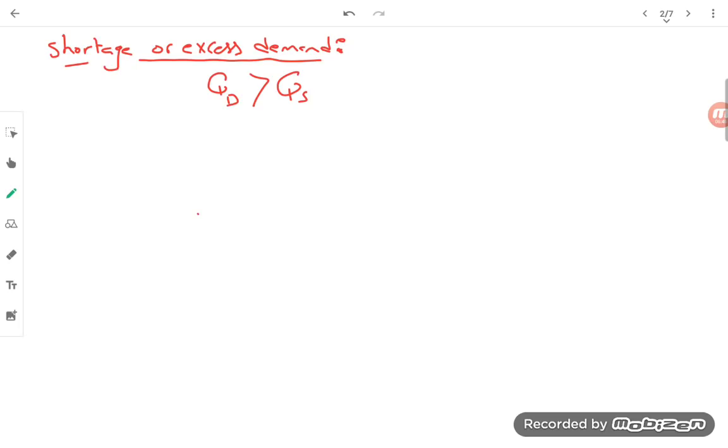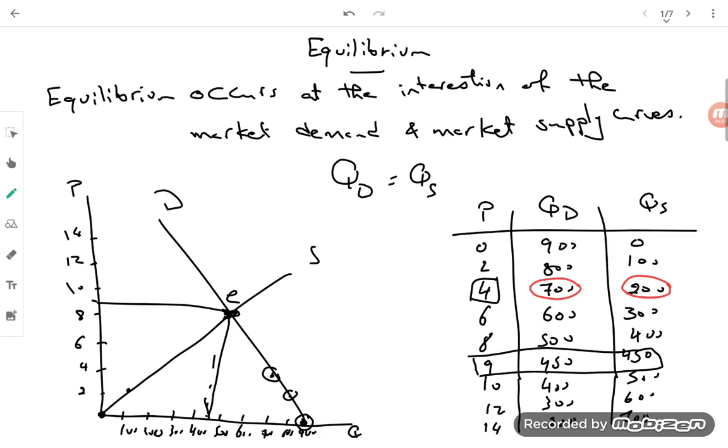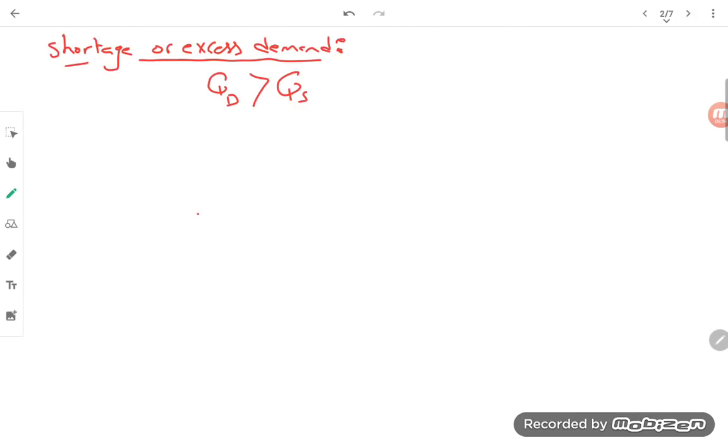So if you would like to identify by how much, the shortage is the difference between QD and QS. In our example, QD is 700 and QS is 200. So the shortage is 700 minus 200, 500. So there is a shortage of 500 units.